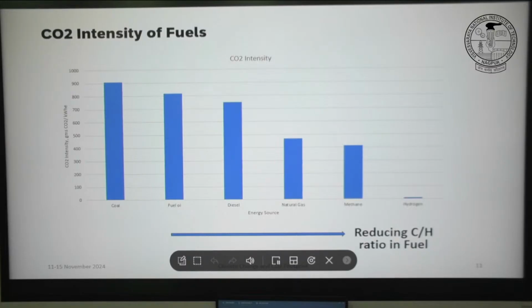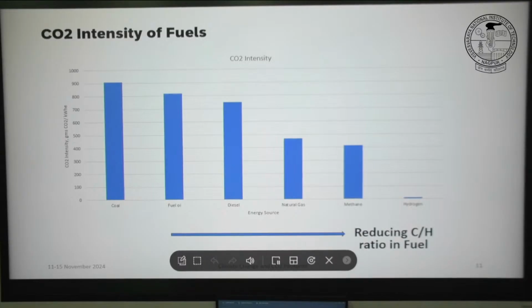And natural gas is heavy carbon. And just to show the comparison between natural gas and methane, methane is even lower. And if you burn hydrogen, then there is no carbon release. So please consider the small blue thing as zero.